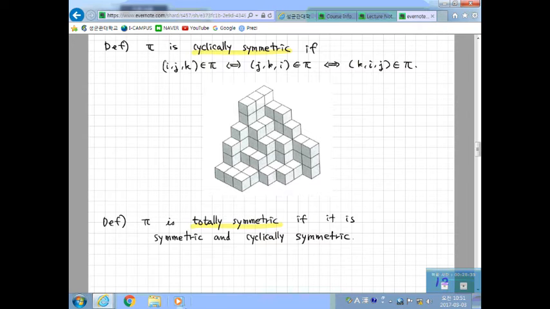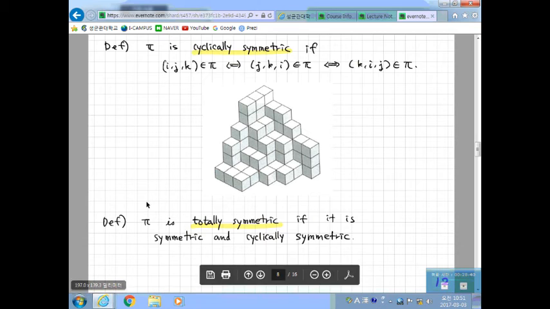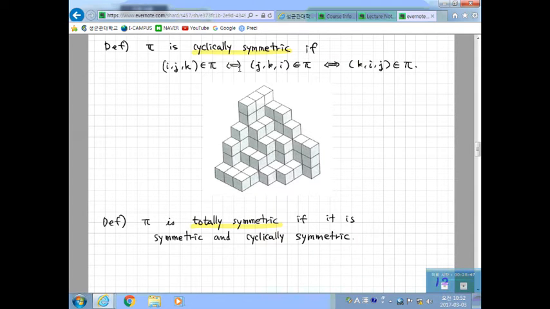So we have defined symmetric plane partitions. We have another symmetry called cyclically symmetric. The idea is this: if (i, j, k) is in pi, this is equivalent to saying that (j, k, i) is in pi. So we cyclically rotate these coordinates. A plane partition is called cyclically symmetric if it satisfies this condition. This is an example of a cyclically symmetric plane partition.